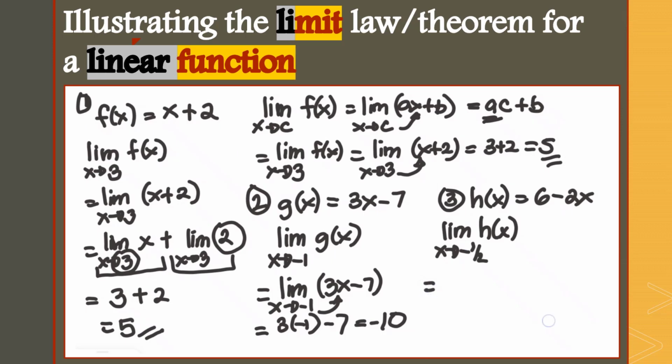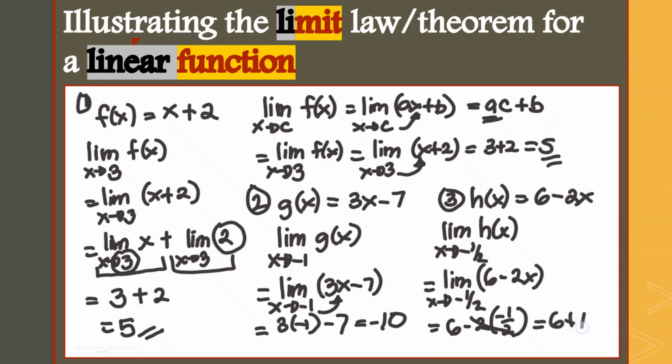We have the limit of 6 minus 2x, with parentheses, as x approaches negative 1/2. Simply substitute that into the given. So you have 6 minus 2 times negative 1/2. That's 1, by the double negative property. So 6 plus 1, you will get a result of 7. This is the limit of the third function. So the limit theorem for a linear function now allows us to substitute.